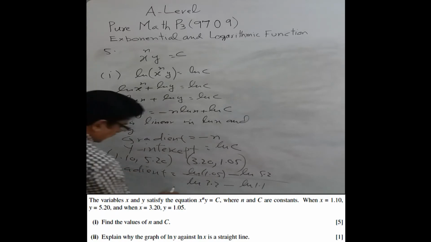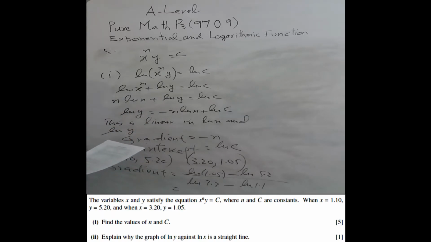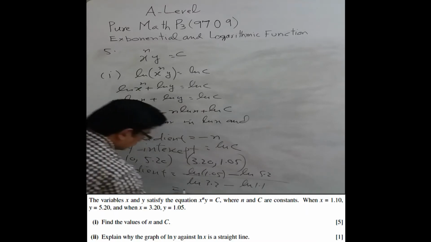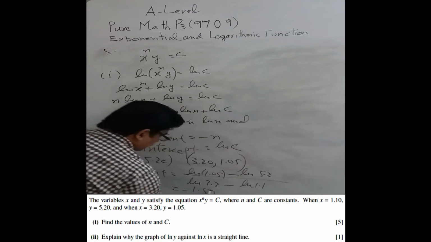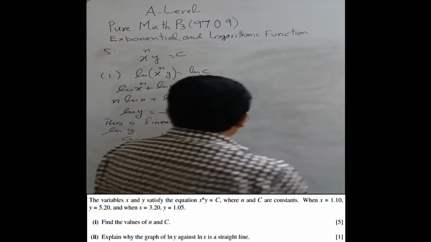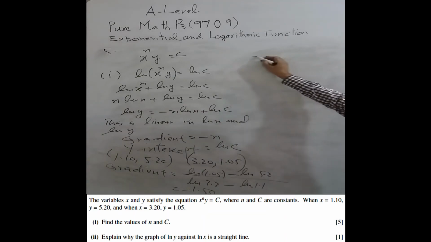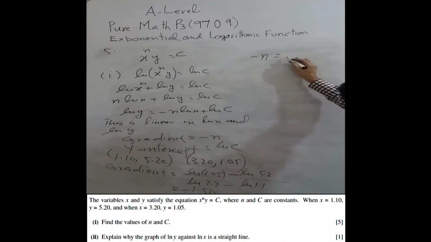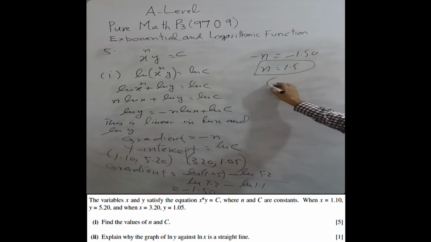We will find its value approximately. It will be equal to minus 1.50 up to 3 significant figures. But our gradient is minus n. So minus n is equal to minus 1.50 and n is equal to 1.5. Now how to find this c?